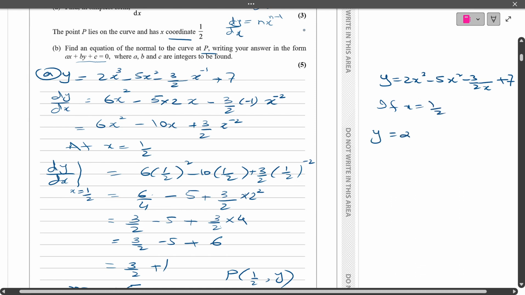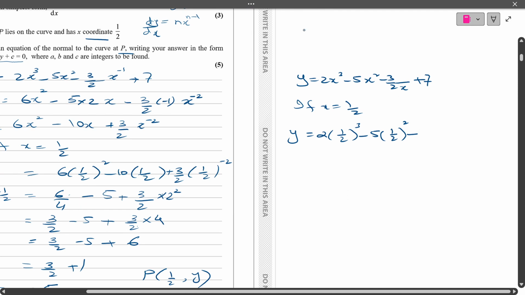So y here is 2 into 1 over 2 cubed minus 5 into 1 over 2 squared minus 3 over 2 x, and x is half, plus 7. So this is 2 times 1 over 8 minus 5 times 1 over 4, and this gets cancelled, minus 3 plus 7.